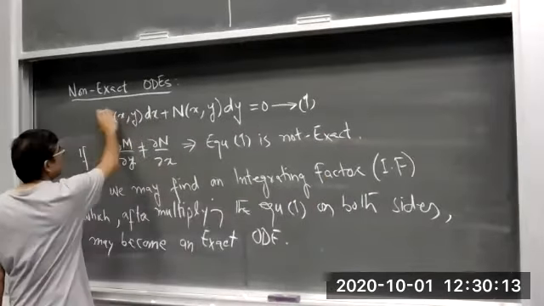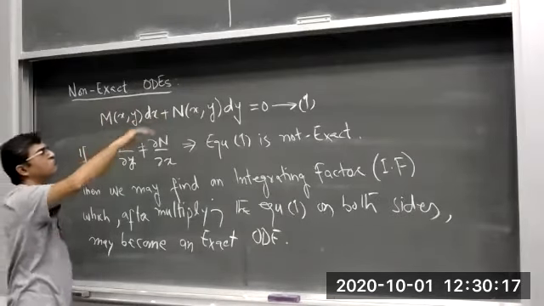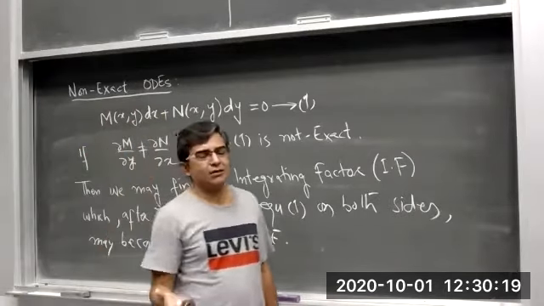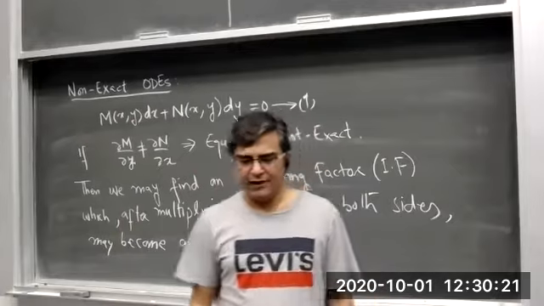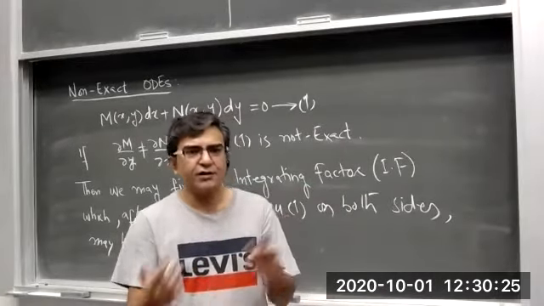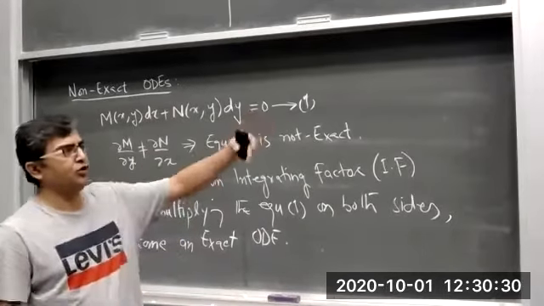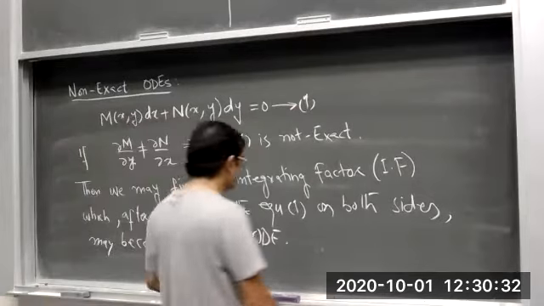If we multiply this equation on both sides with that integrating factor, this equation may become an exact differential equation, and then we can solve it by using the similar technique we use to solve the exact equations.